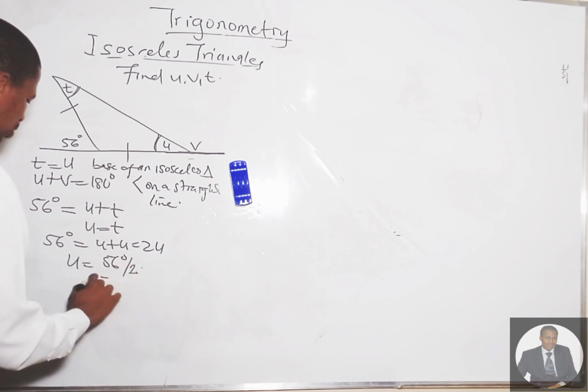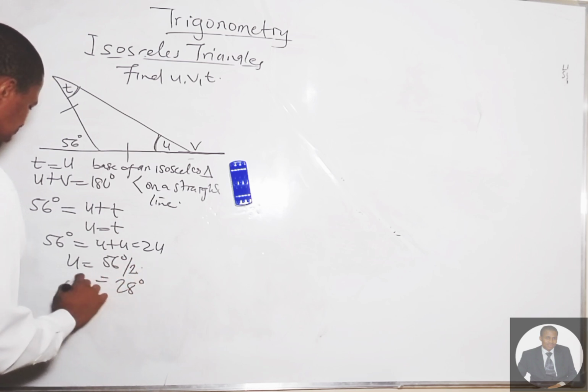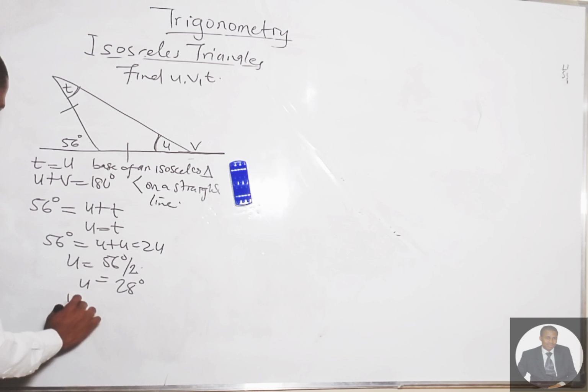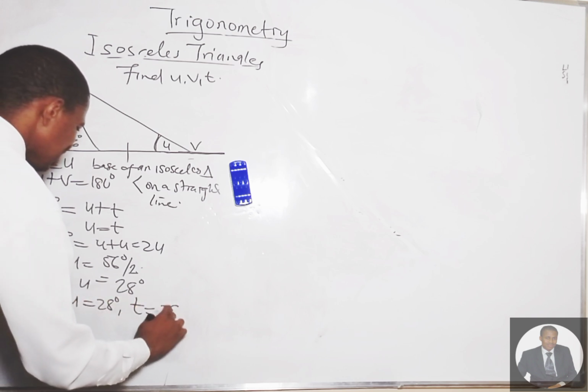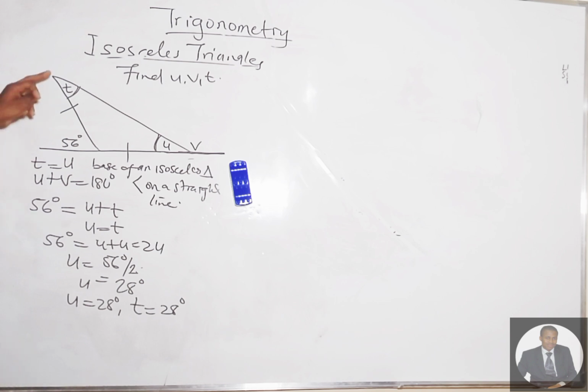That will give us 28 degrees. So U equals 28 degrees, T is also 28 degrees. The base angles of an isosceles triangle are equal.